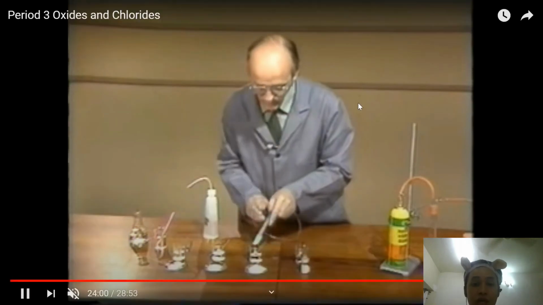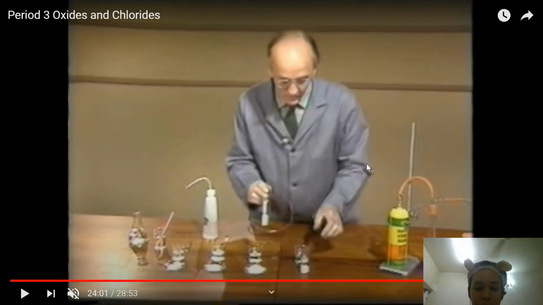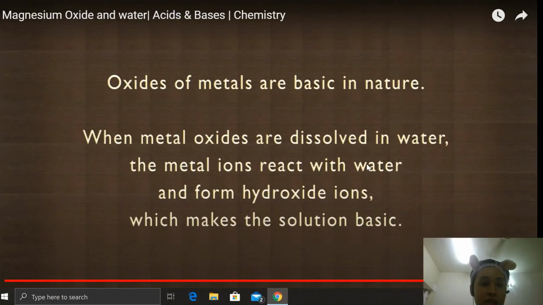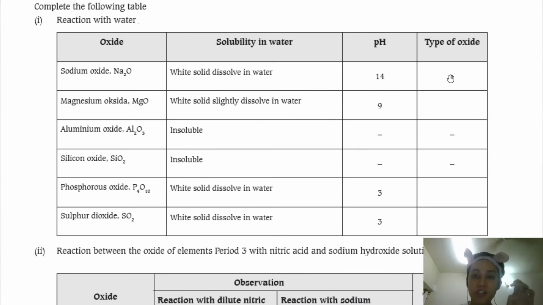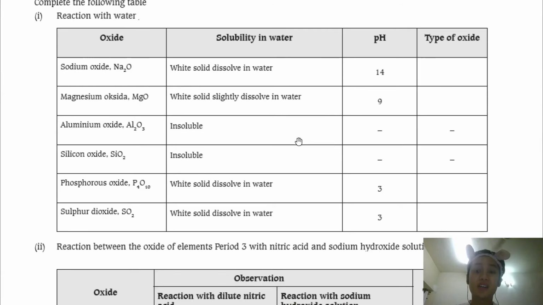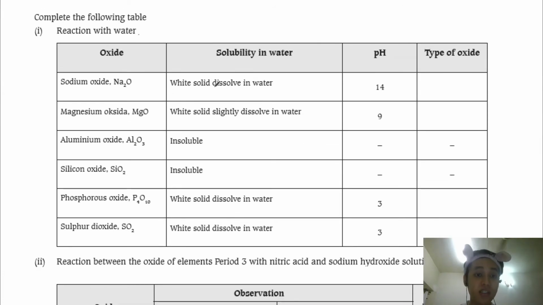Those are a few examples of the reactions of the oxides in water. Based on the pH value, you will be able to know whether it's a basic oxide or acidic oxide. This one is a basic oxide, and this is also a basic oxide. Phosphorus oxide and sulfur dioxide, since the pH value is 3, are acidic.